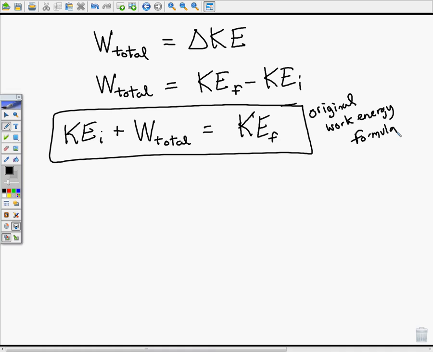So in order to do this easier way, we're going to rewrite this equation, but we're going to break the total work up into two categories. One is the work done by all the conservative forces, referred to as conservative work.